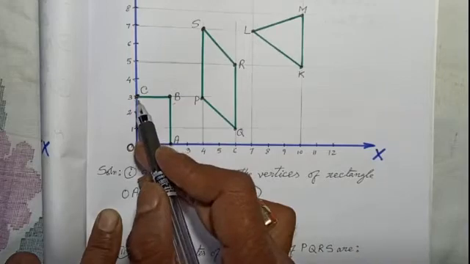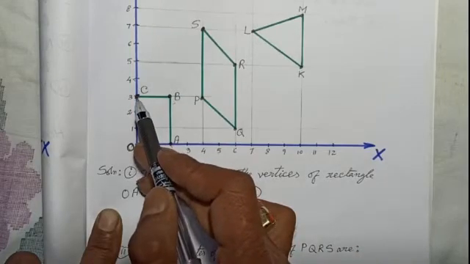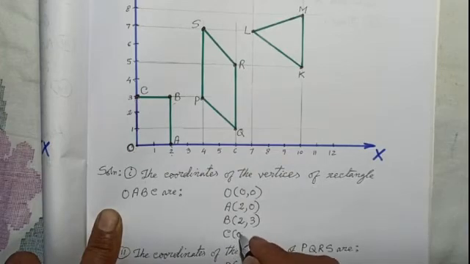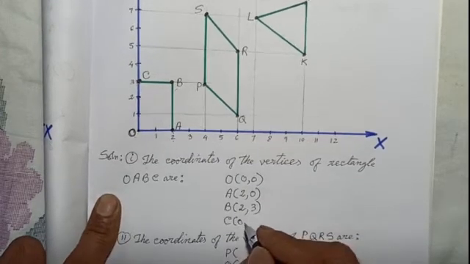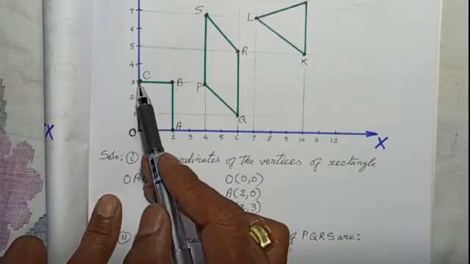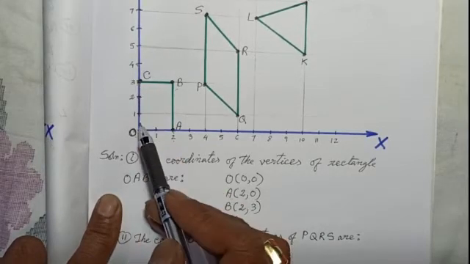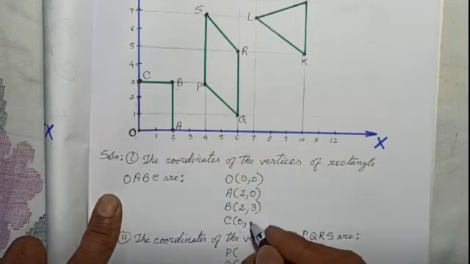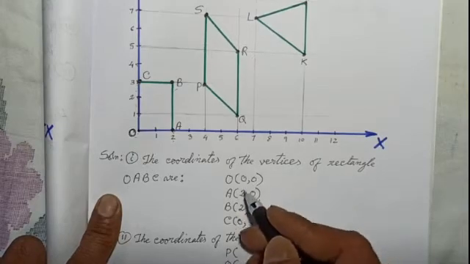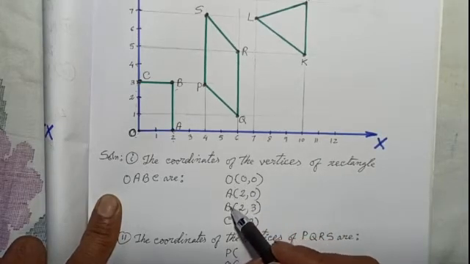Now C: at point C, the value of x is 0, and the value of y is 3, 1, 2, 3, so this is 3. So these are the coordinates of O, A, B, and C.